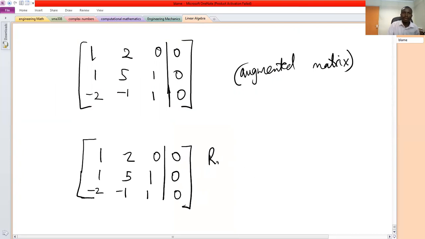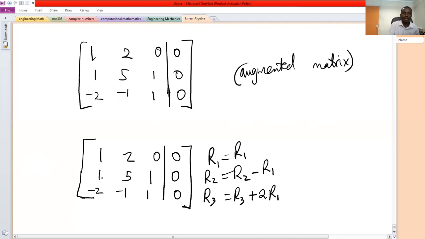Row 1 stays as row 1, row 2 becomes row 2 minus row 1, and row 3 becomes row 3 plus twice row 1, because I need these positions to be 0.